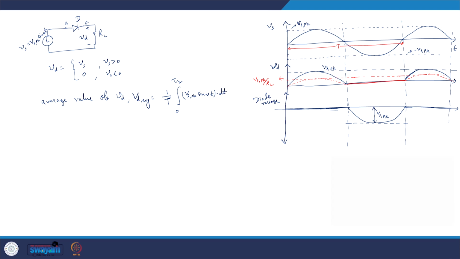So the remaining portion of the equation will become 0.